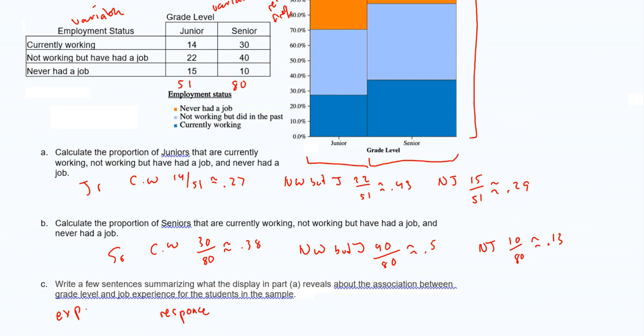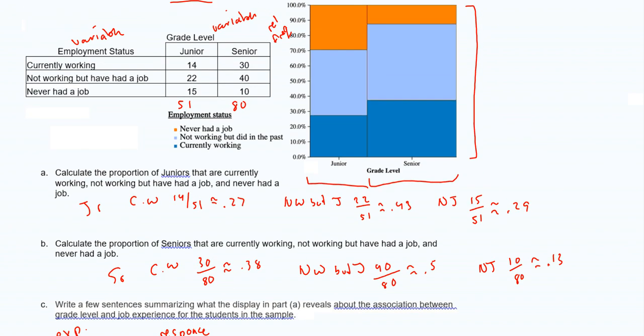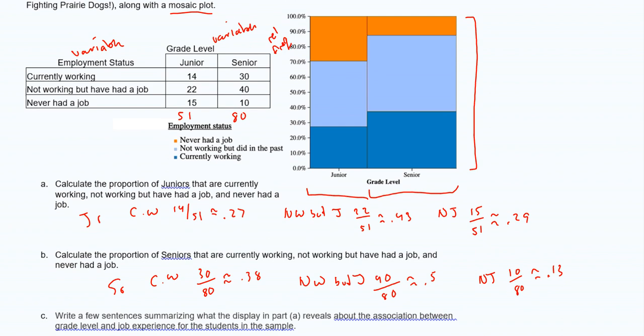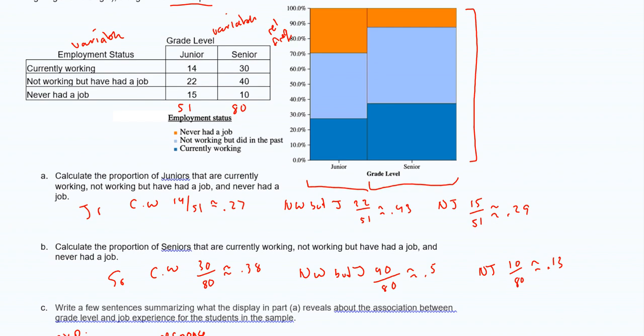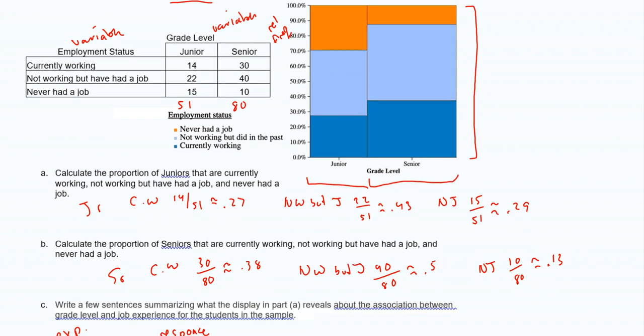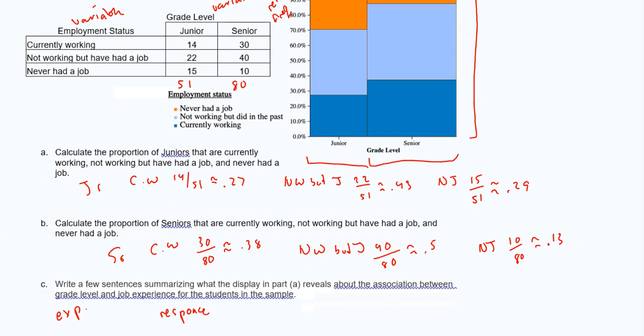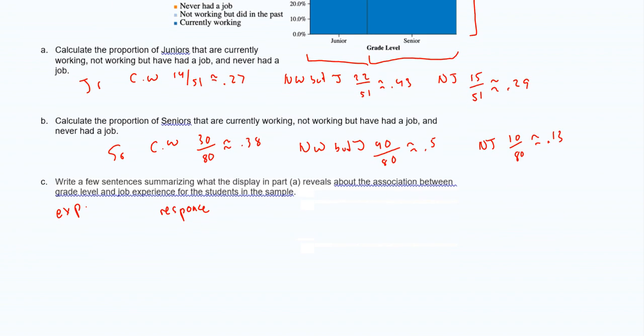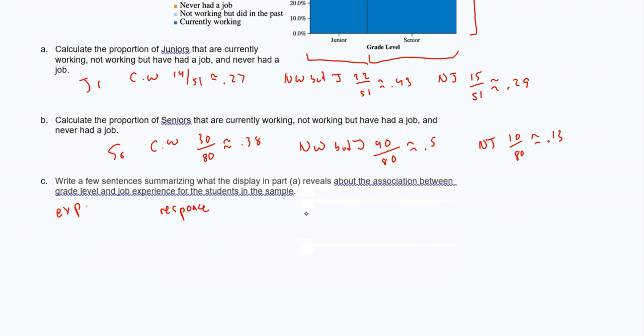Is there any association? Well, in reality, if you look at juniors, it appears there is. If you are an upperclassman, a senior, there appears to be a greater probability or proportion that will have had a job sometime in the past. So what we know is that seniors, let me write this.